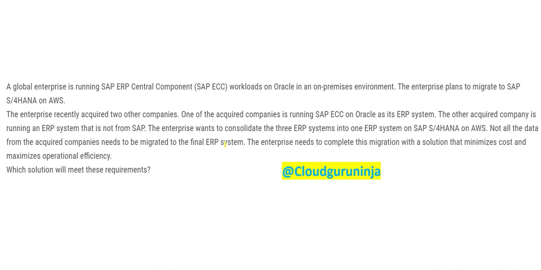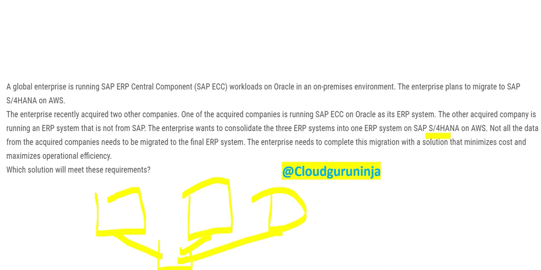What is a new system called? It is called HANA. So suppose you have these three systems, so you bring everything together into one system, that is HANA. And not all data from acquired companies, so this box is acquired and this box is acquired.